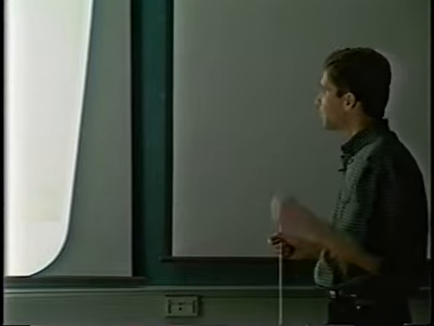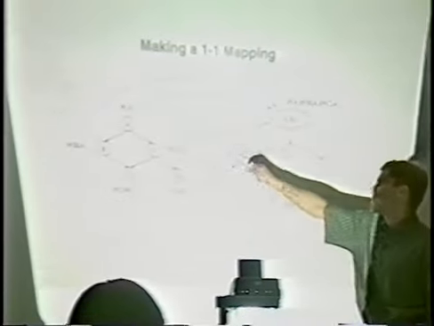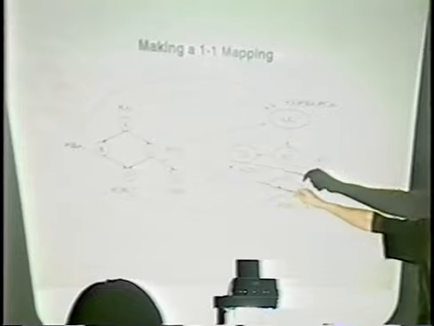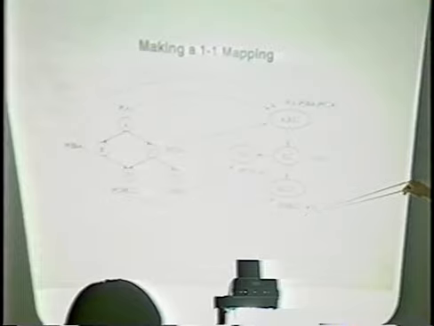And the first thing to realize is that if you have an assignment of values to the variables in this representation, that corresponds exactly to an assignment of values to the variables in this representation.